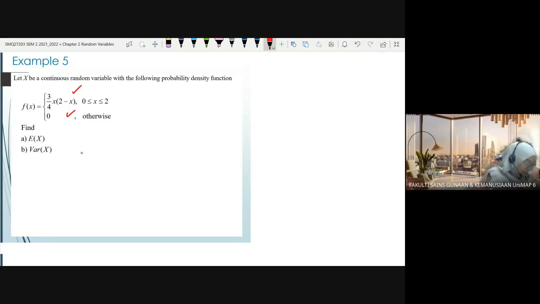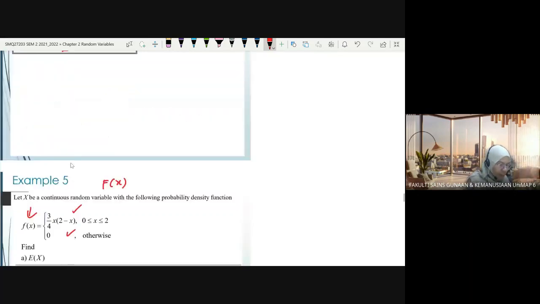How do we find this? As usual, you will have to find the fx. You cannot work from the density function.